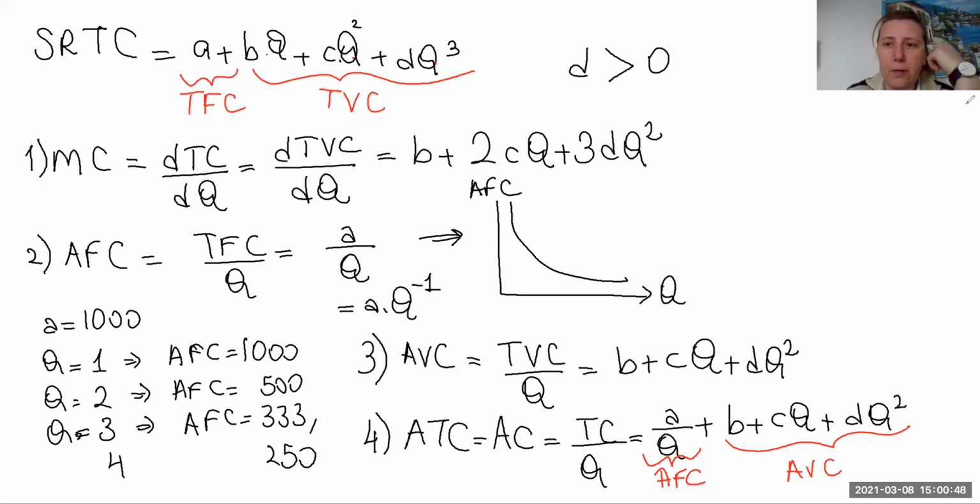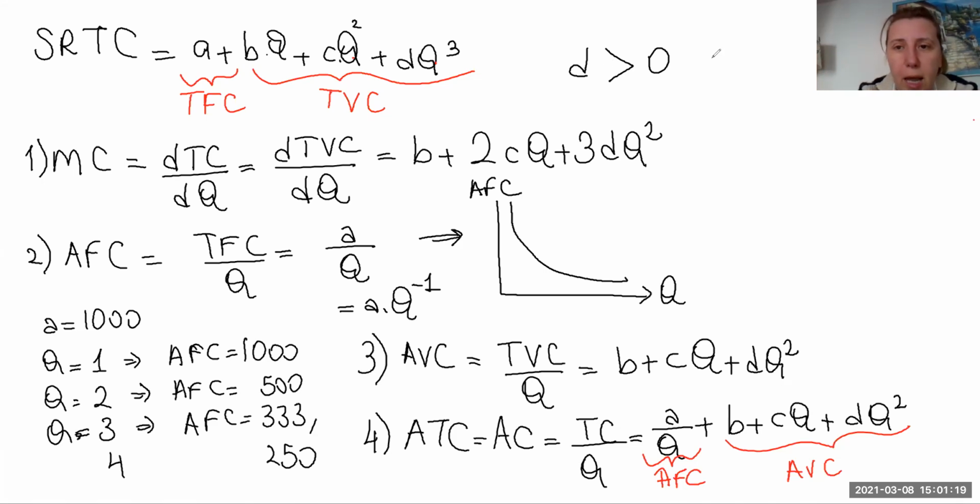Okay, let's start again. Now let's draw these cost functions and try to understand their shapes. Also, the important thing is to understand the expected values of these coefficients, A, B, C, and D. We said that D is a positive coefficient because of the U-shapedness of the marginal cost and the average cost functions.